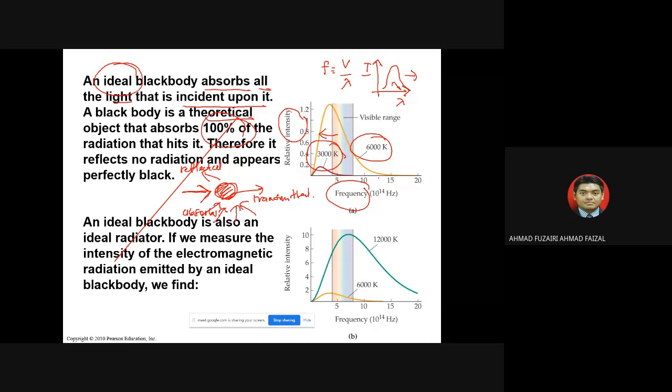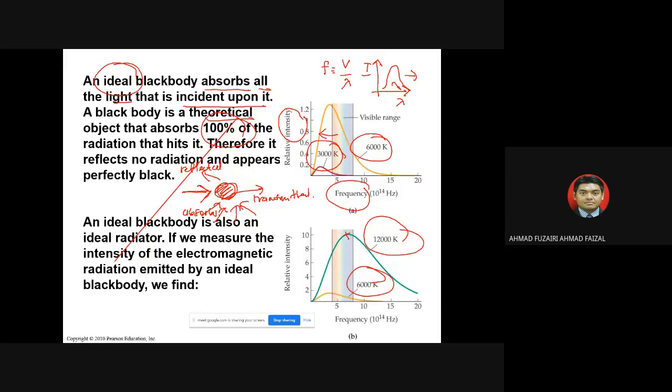So you can see here the difference between 6,000 and 12,000 Kelvin. When the temperature increases, the peak has been shifted. Let's say at 6,000, the peak is in the region of maybe infrared or UV, and not the visible range.